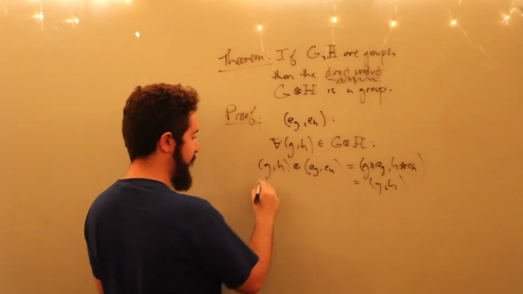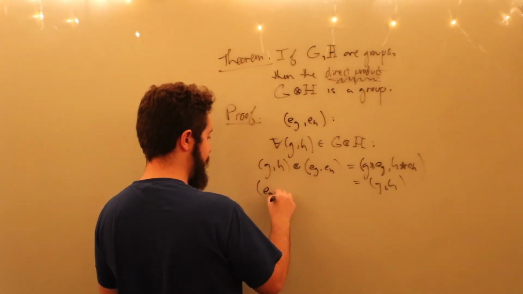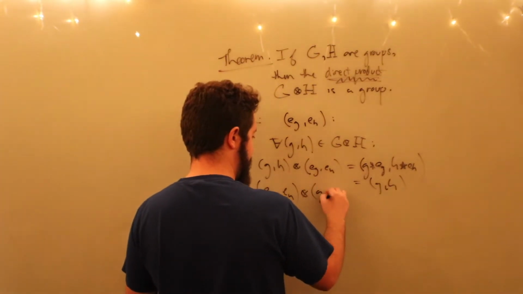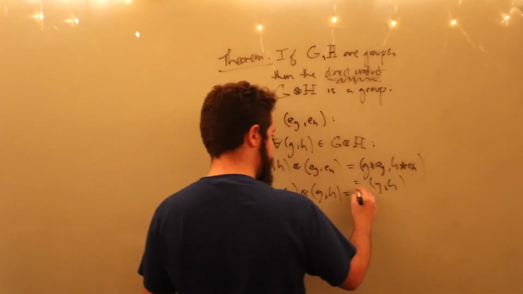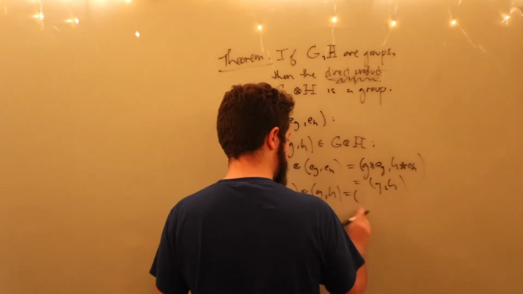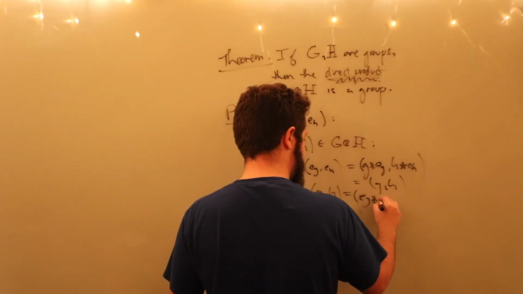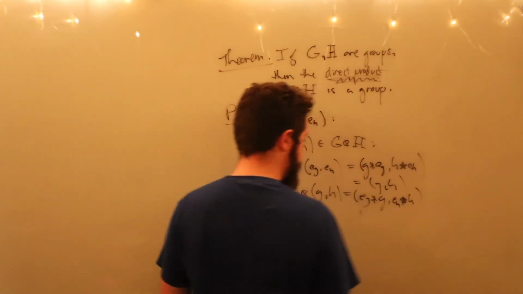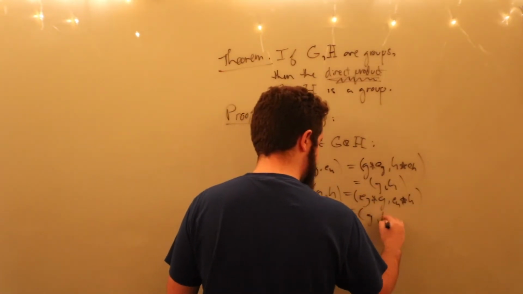And we're going to have the same thing going the other way: if we have (E sub G, E sub H) times (G, H), this is going to be equal to (E sub G star G, E sub H star H), which is equal to (G, H).